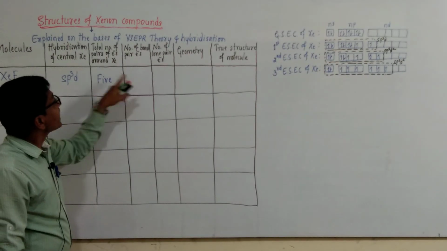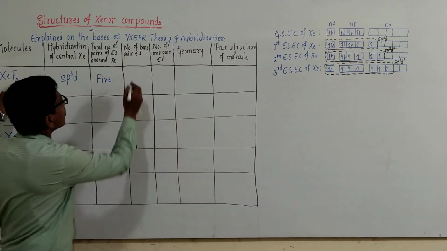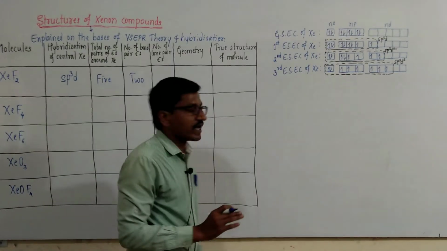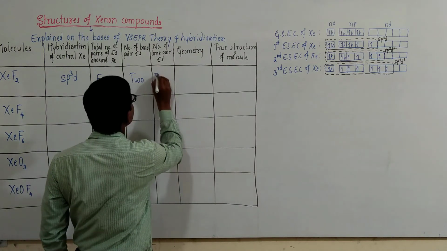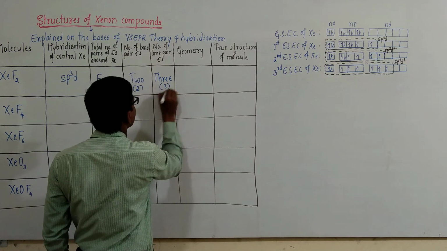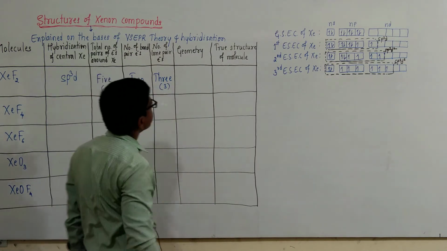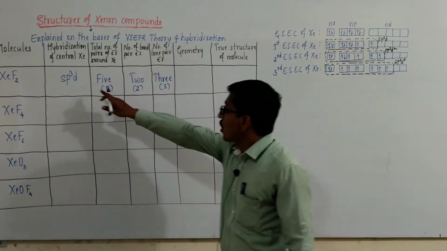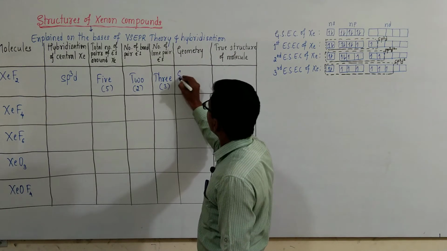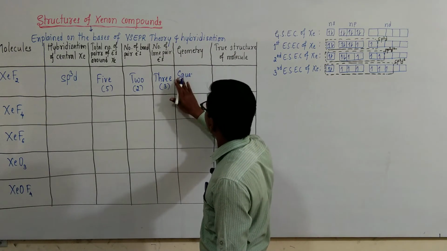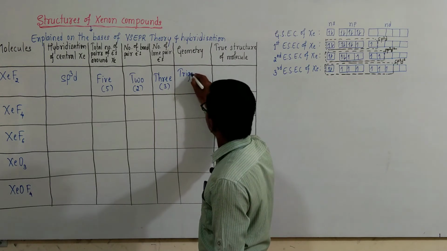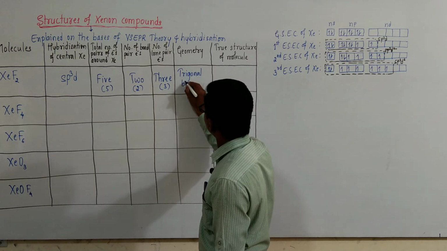Among them, bond pairs are only 2, because 2 fluorine atoms are bonded with xenon, and the remaining electrons are lone pairs of electrons, 3. The geometry of sp3d hybridization is trigonal bipyramidal.